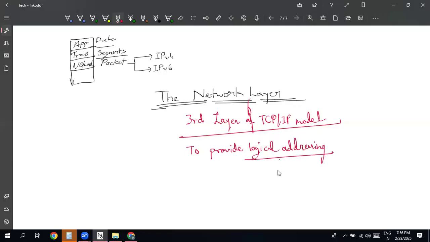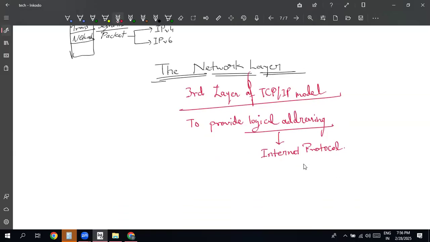For which it utilizes a protocol which is called the internet protocol. The internet protocol has two specific versions: IP version 4 and IP version 6.